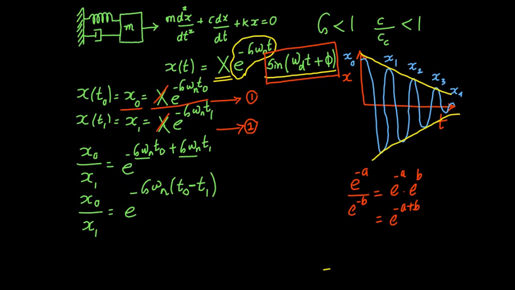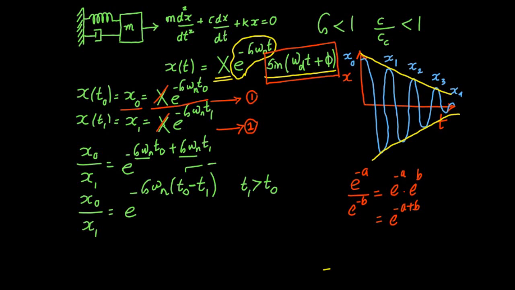Obviously, in this t naught minus t1, you see, t1 is going to be greater than t naught, so that term is going to be negative. Outside you have got a negative, so you are going to get negative into negative as positive, right? That's correct.